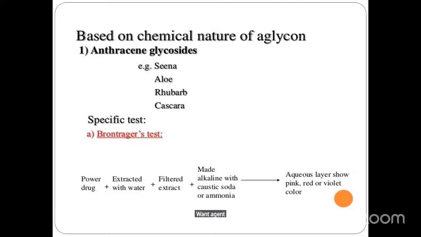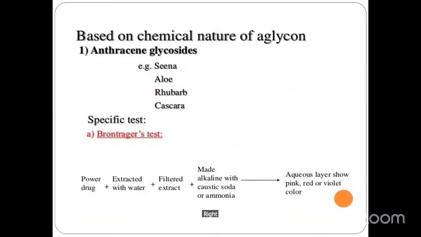There is Senna, Cascara Sagrada, Rhubarb, and Aloe. For these four crude drugs, there is one common test, that is the Bornträger test. The crude drug is extracted with water, right? You take the filtered extract and make it alkaline with some ammonia, or any caustic soda, right?